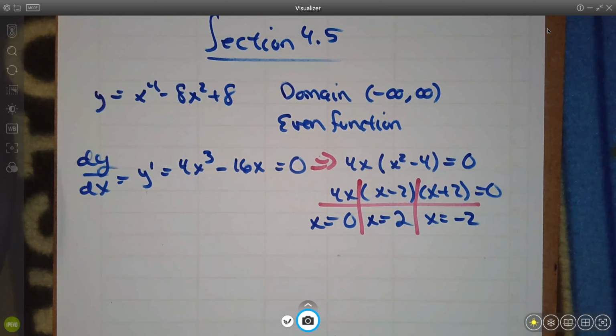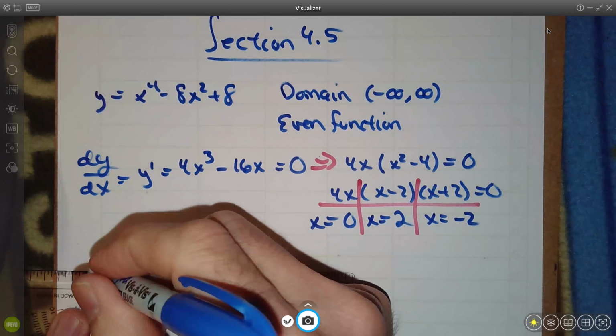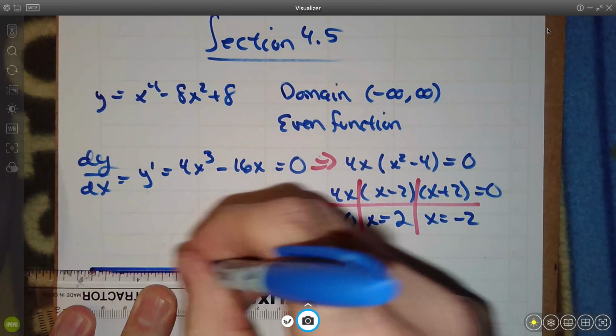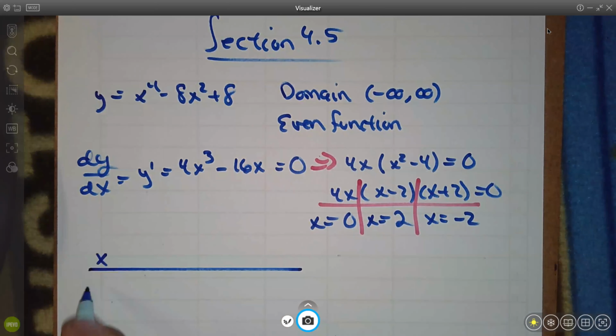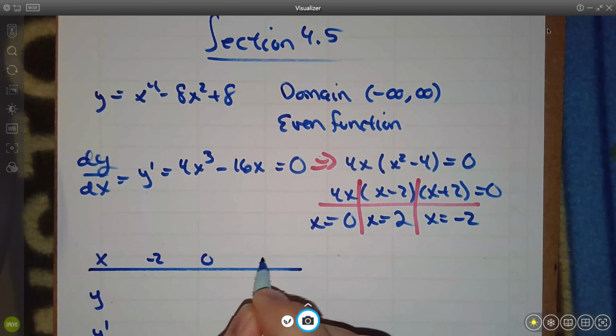Let's do ourselves a little bit of a chart here. x, y, and y prime, -2, 0, and 2.